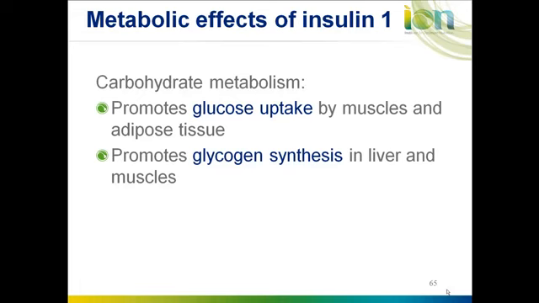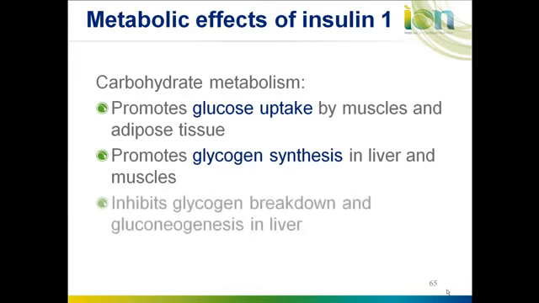So perhaps obviously in stimulating glycogen synthesis, it inhibits the catabolism of glycogen, because what's the point of releasing glycogen if you are taking in fresh glucose here? So insulin inhibits the catabolism of glycogen, as well as inhibiting the processes of gluconeogenesis, which, as you'll remember, is the synthesis of new glucose from glucogenic amino acids we were just talking about.